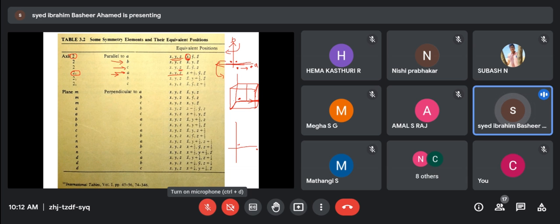Assume this is half unit length, you rotate here, so this will come here and then 2 1 will be somewhere here. Since I have translated along the X, A axis, the position is X plus half, Y bar, Z bar. With respect to the B axis, X bar, Y plus half, Z bar, because along Y I have translated half unit length. With respect to the C axis, X bar, Y bar, Z plus half. Is it clear?